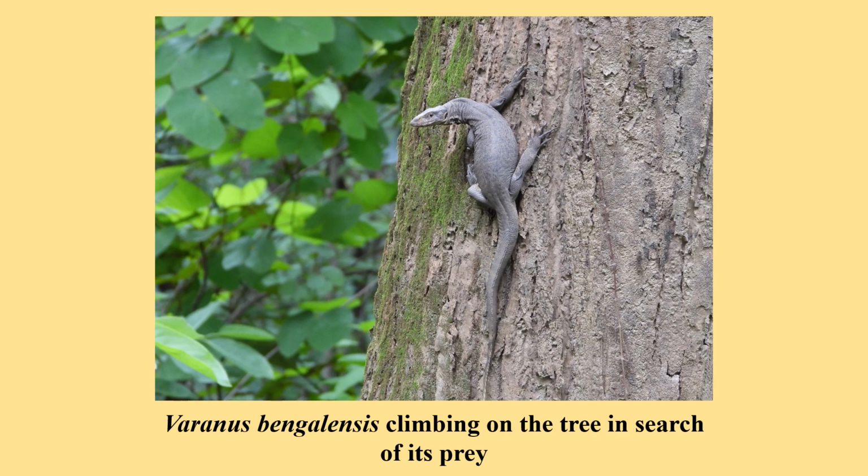Here you can see sexual dimorphism in this species, where males are generally larger and heavier than females, and the young monitor lizards are more colorful. They have different patterns on their body.